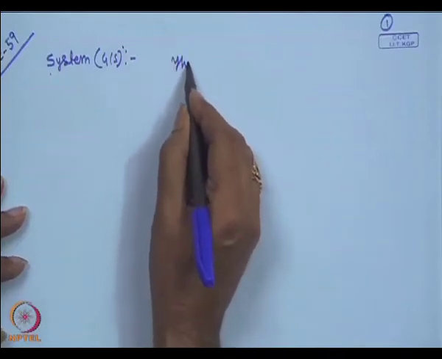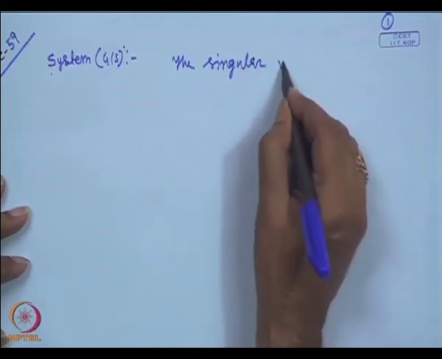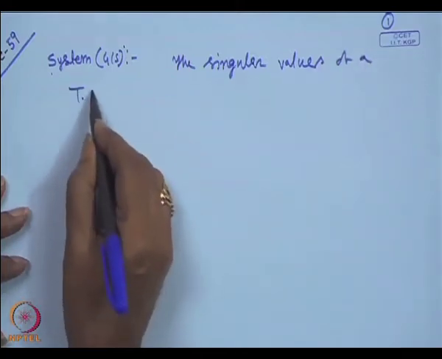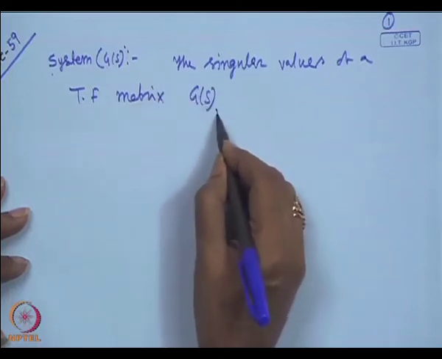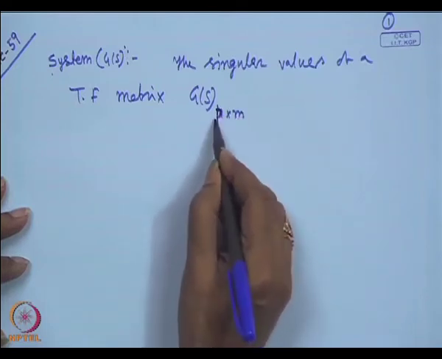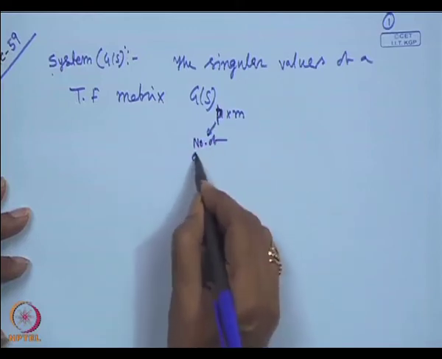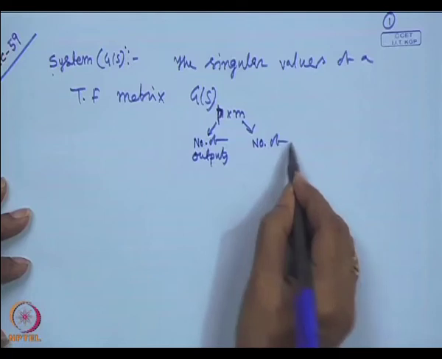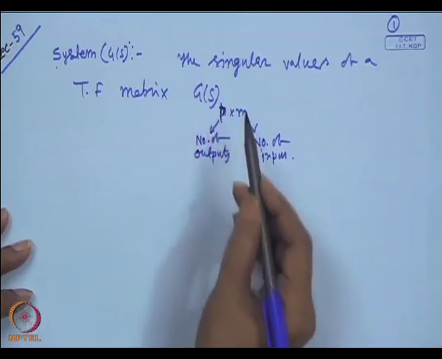So, the singular values of a transfer function matrix G of s of dimension p cross m, where p is the number of outputs and m is the number of inputs, and naturally the dimension of the transfer function matrix is p cross m.